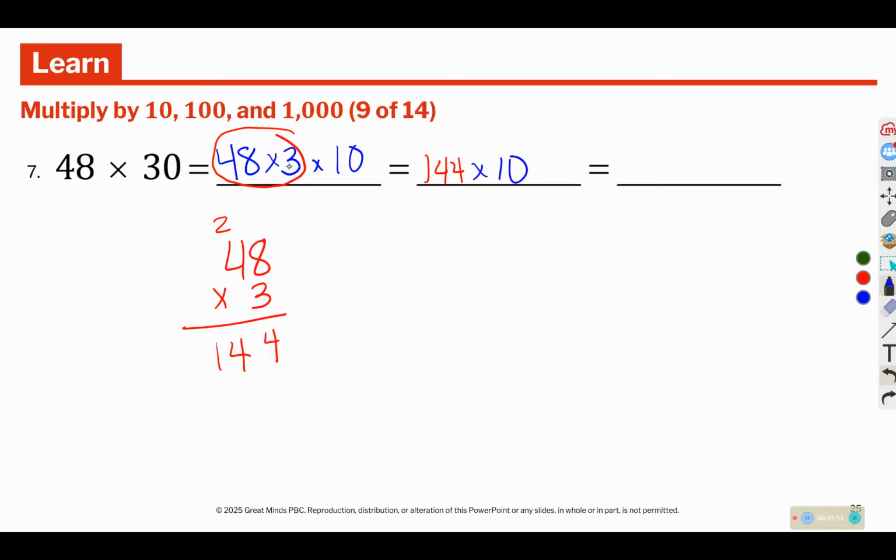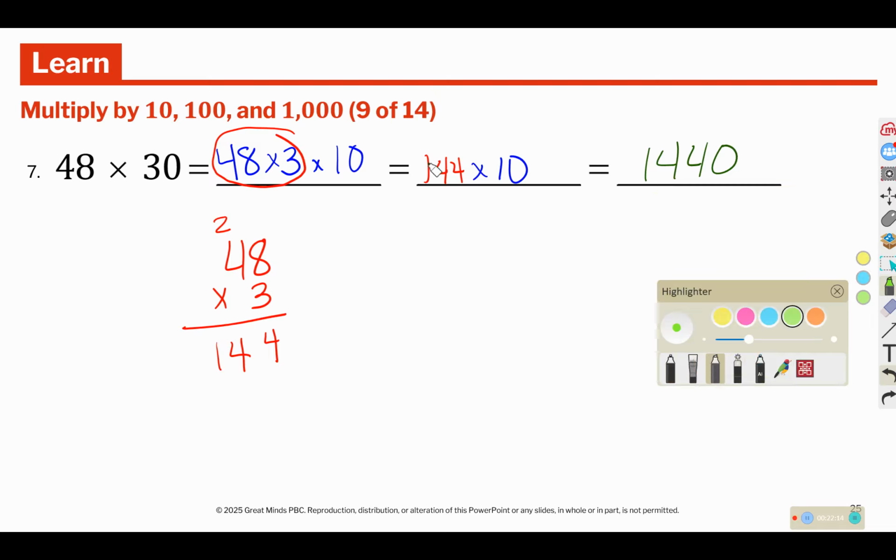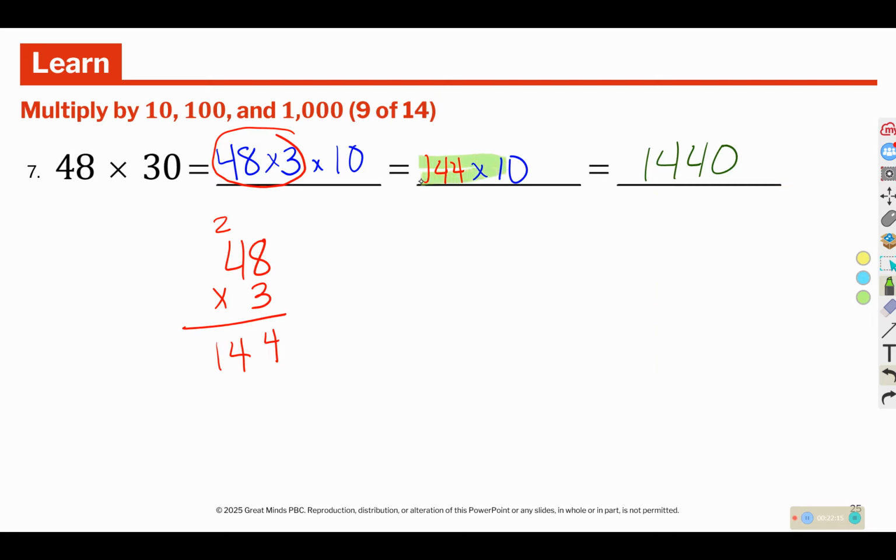And I still need to multiply by that 10 that's left. Well, that shifts the place value 1 position. So that is 1,440. 144 times 1 is 144 with that extra place value at the end.